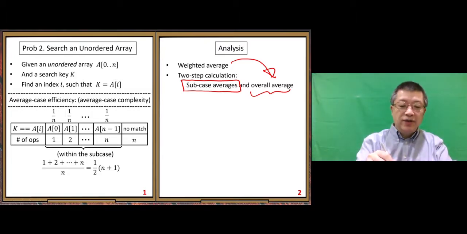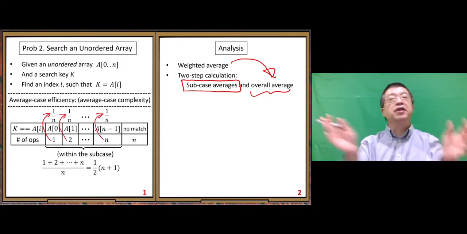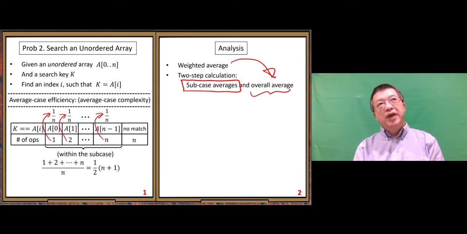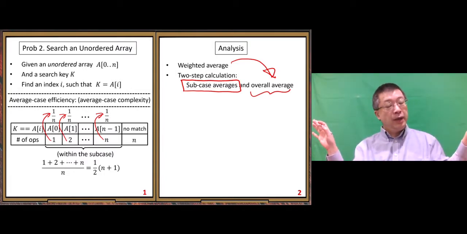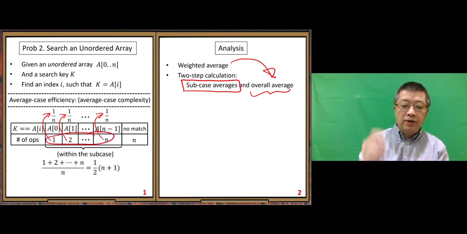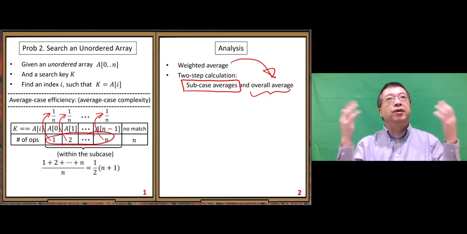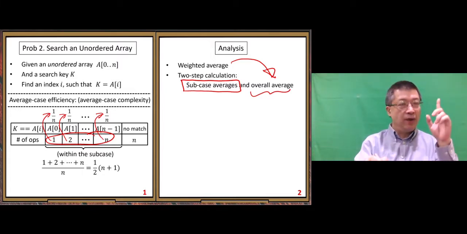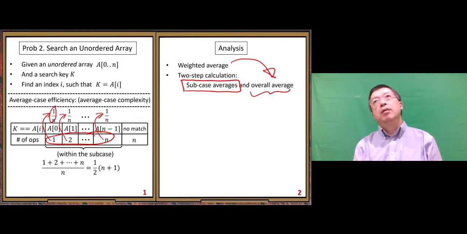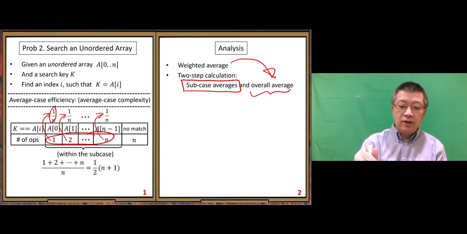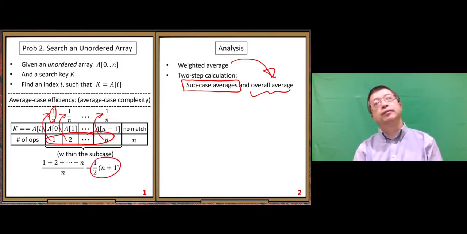Or you can do 1 times the probability, 2 times the probability, n times the probability, adding together. You can view it in different ways. One way is, because they have equal probability, you add all these numbers up divided by the total number of cases. Another way, because the probability is this, you take number times probability, adding together. Both ways, you get the same answer. This is the answer.